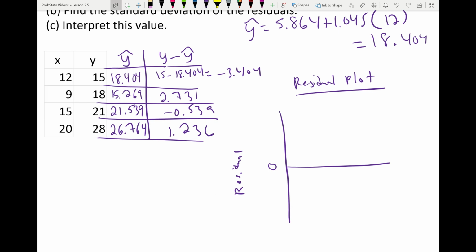For our residuals, we'll do maybe 4 on top, 4 on the bottom, since our residuals are not very large. And this x-axis is our x values. Normally you would label this, right? For the x values, let's go by 14, 16, 18, 20. So we'll go by 2's here.